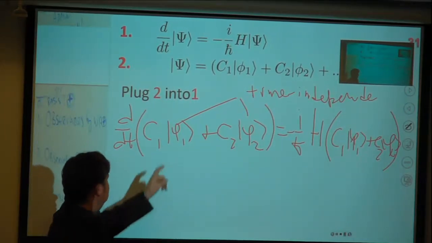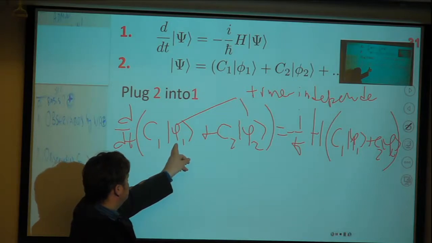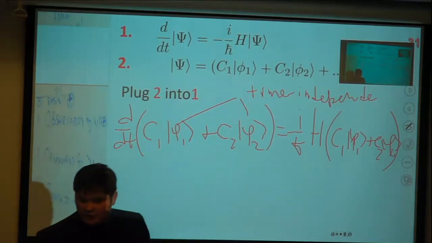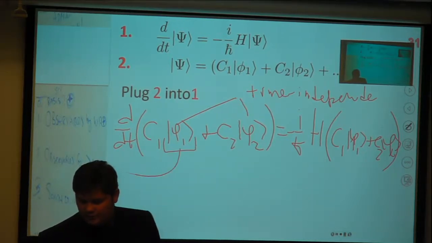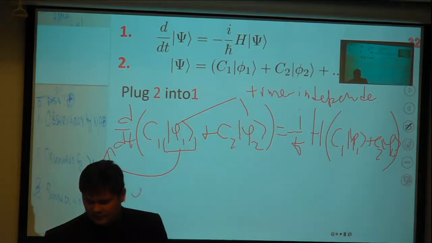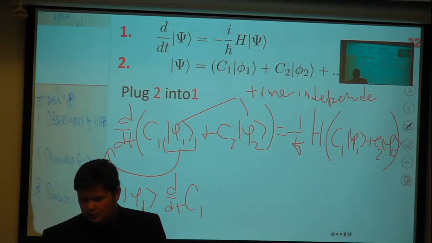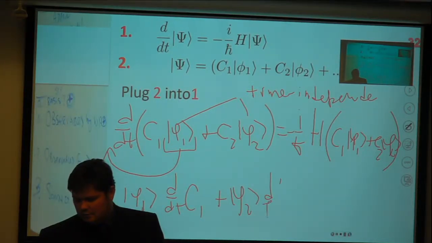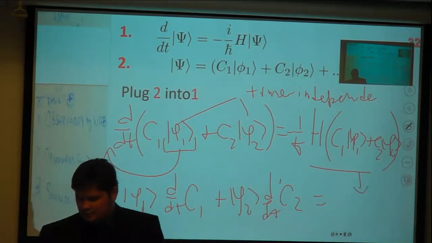If they are time independent, we can put them in front of the derivative operator: phi1 times d/dt c1 plus phi2 d/dt c2, equals the same as was here.